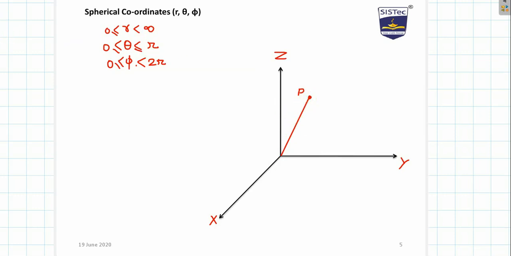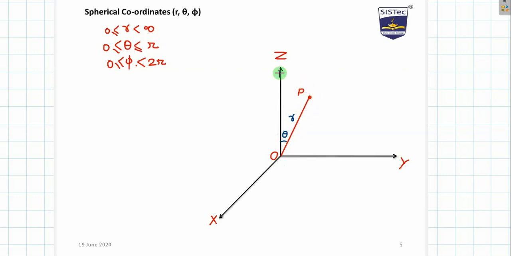So this r is the vector joining the origin to the point P. Now the angle made by this r vector with the z-axis is theta. So another variable is theta, the angle made by the r vector with the z-axis.